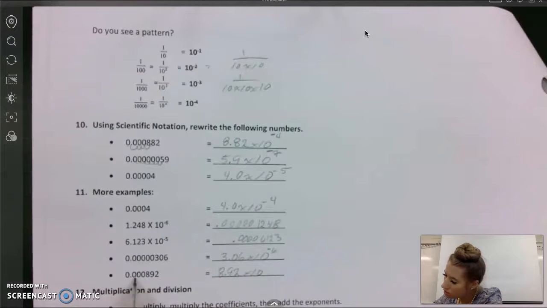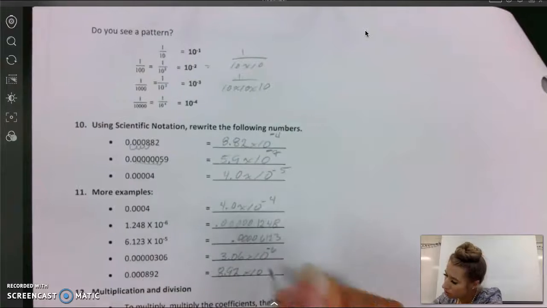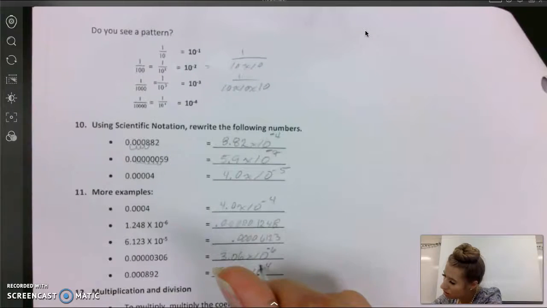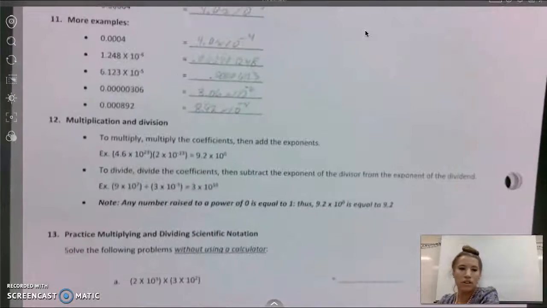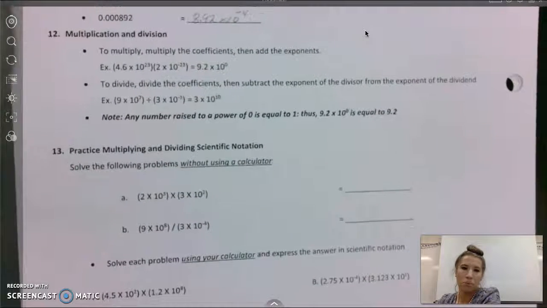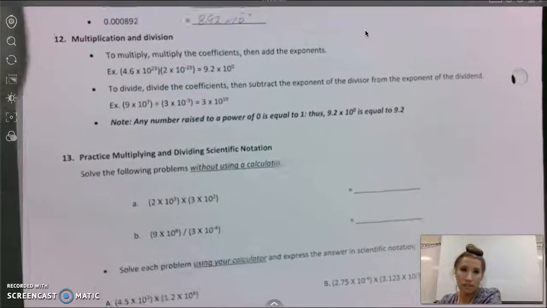And we moved our decimal 4 times. Okay, so now we've worked with positive exponents and negative exponents. And the last thing that we're going to be covering today is how to multiply and divide in scientific notation.